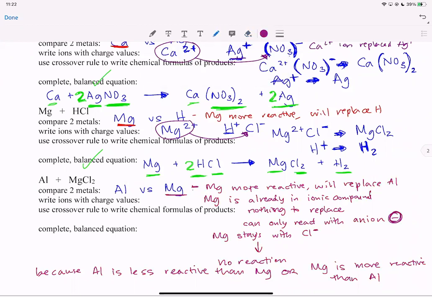Aluminum is less reactive. It cannot go and replace the magnesium. Or the other thing is magnesium is more reactive and it can't find anything else to react with. Okay, so that is an example of no reaction. And we will see that. And what happens in no reaction is you don't see any chemical change.